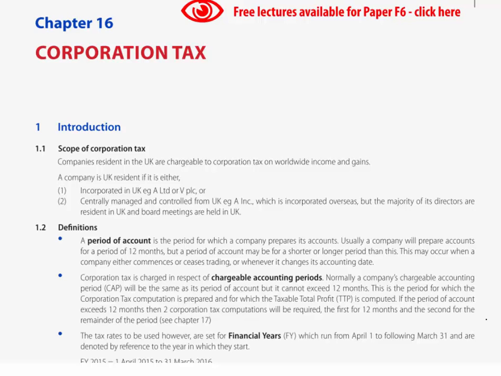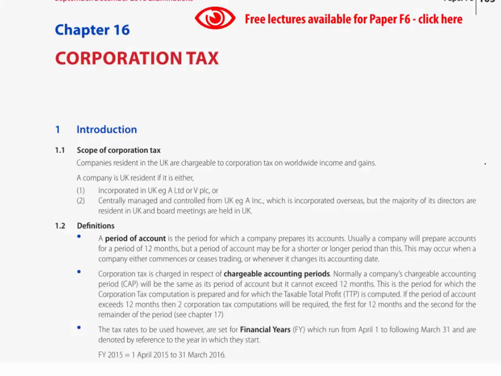First thing we've got to know about corporation tax is who pays it, and what we'll be told here is that the scope of corporation tax, here we can see in section 1.1, is that the companies that pay it are companies resident in the UK. So UK resident companies will be chargeable to corporation tax, and they're chargeable on their worldwide income and gains.